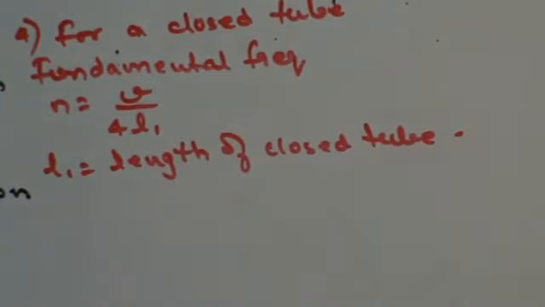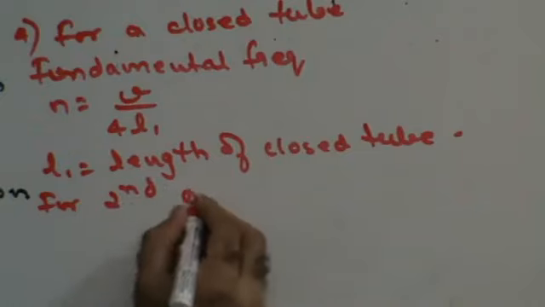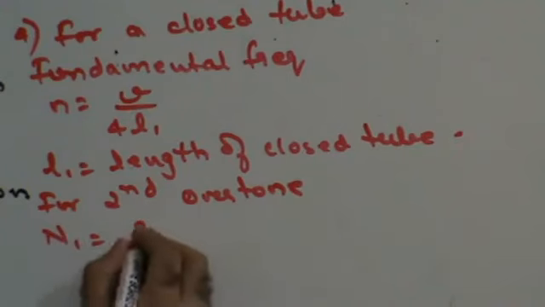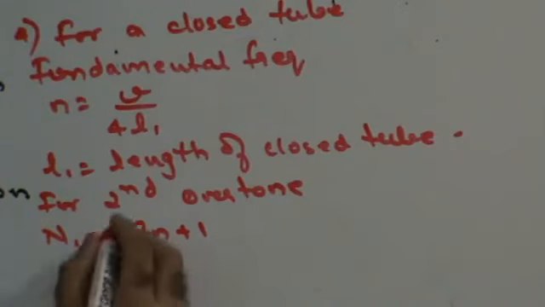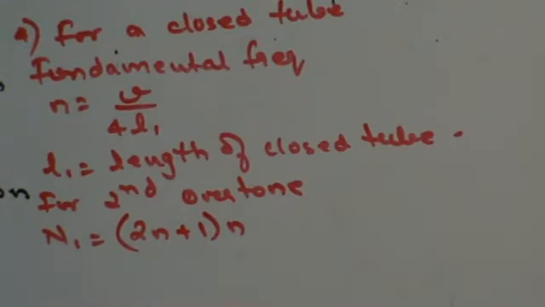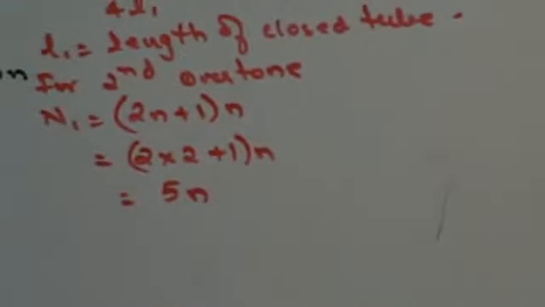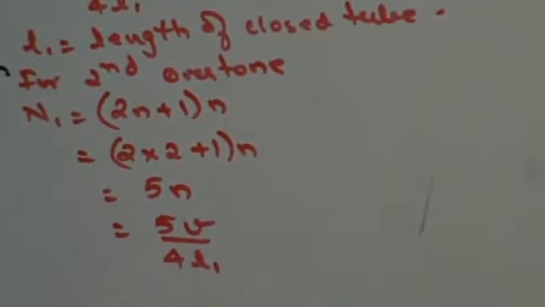For the second overtone, the frequency will be nothing but 2n plus 1 times n. So 2 into 2 plus 1 into n, that is 4 plus 1, 5n. So the frequency of the closed tube for the second overtone will be 5V upon 4L1, right?